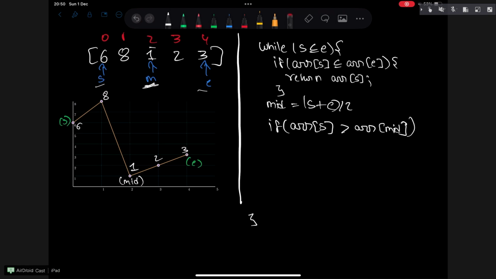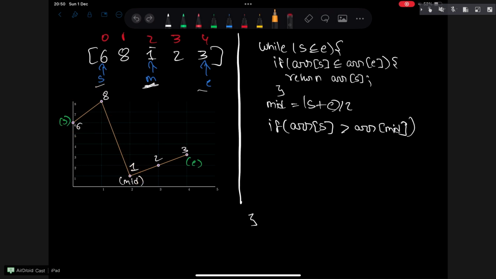If this is true, that means we have found the peak. Then there is a peak and then there is a valley.